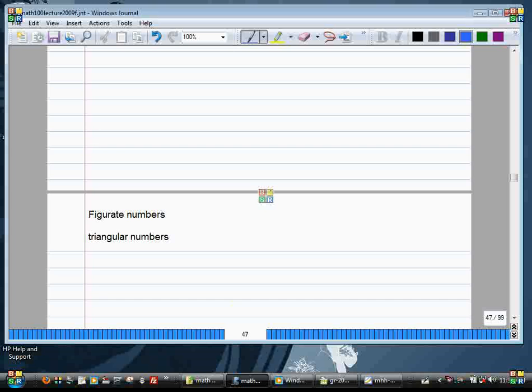Okay. So first, this one. Next, I'm going to draw a triangle, but I'm going to add on. So I'm going to add another side and grow the triangle.